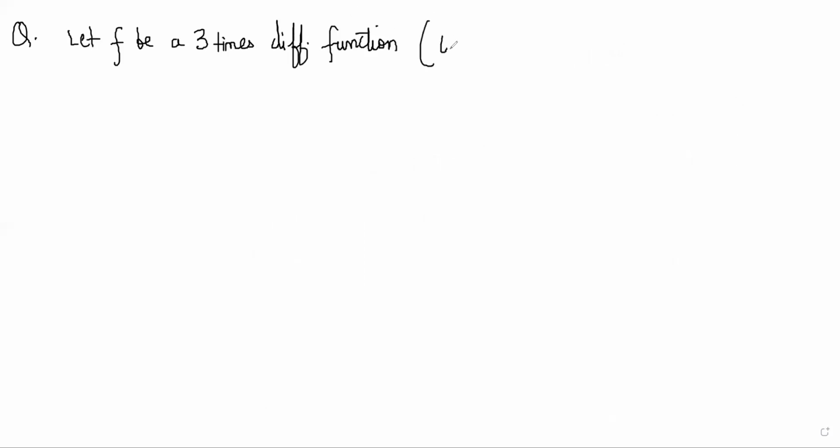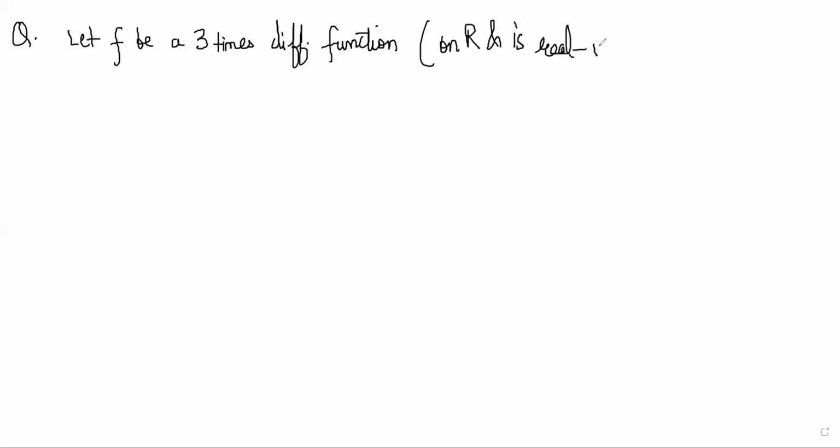So the first question is, let f be a 3 times differentiable function, defined on R and real valued.